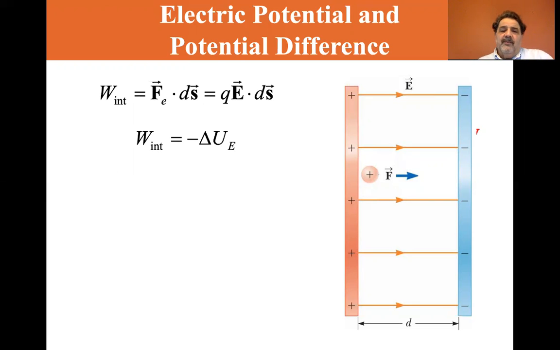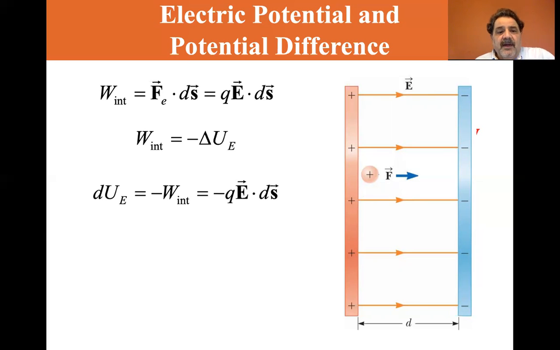And recall that the internal work done in a gravitational system is the negative of the change in gravitational potential energy of the system. So we have a similar case here.